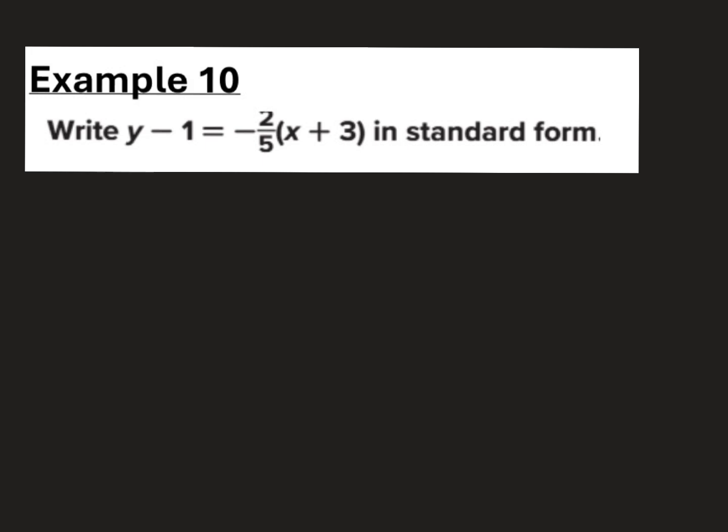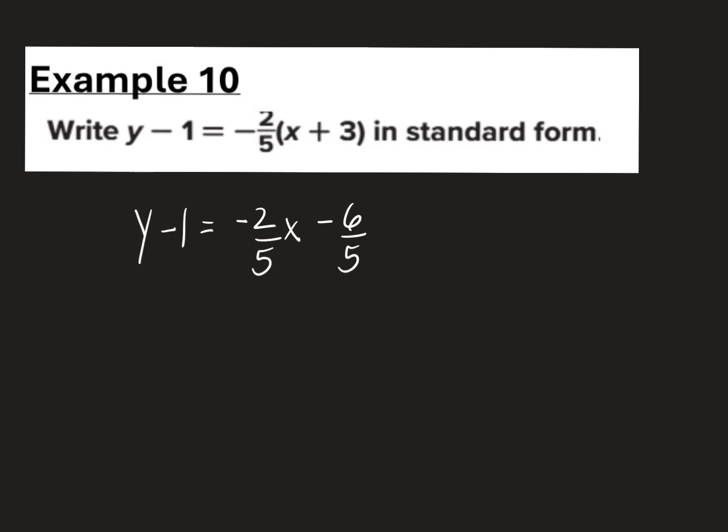And this last one, we want to write that in standard form. So the first thing I'm going to do is distribute. Y minus 1 equals negative 2/5 times x is negative 2/5 x. Negative 2/5 times 3 is negative 6/5.